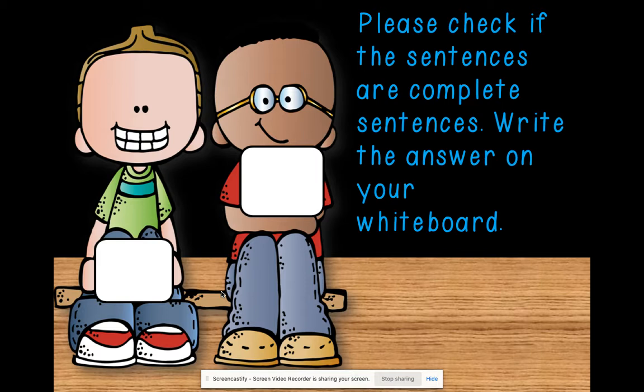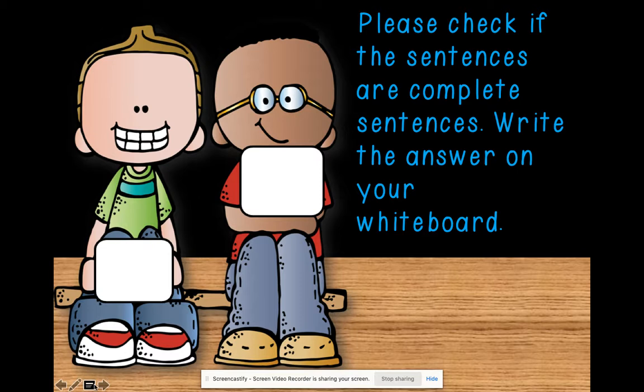Great job. Now, remember to please check your sentences that you just made and make sure they are complete. Now, we are going to do some practice of our own. We're going to look at some sentences here, and we are going to decide whether or not they are complete sentences or incomplete sentences.